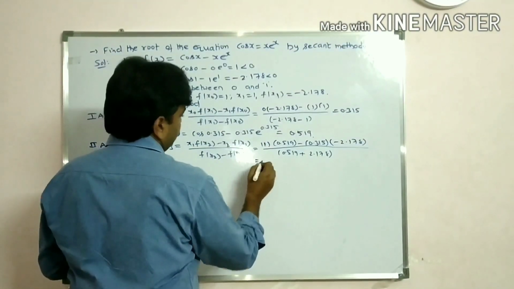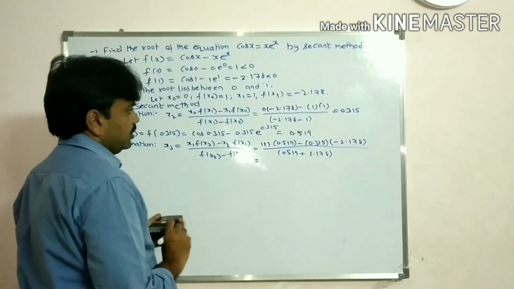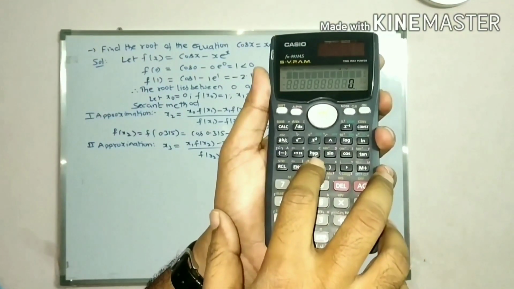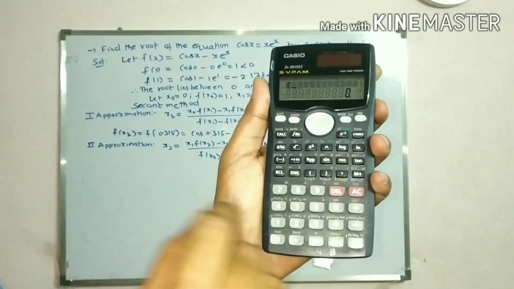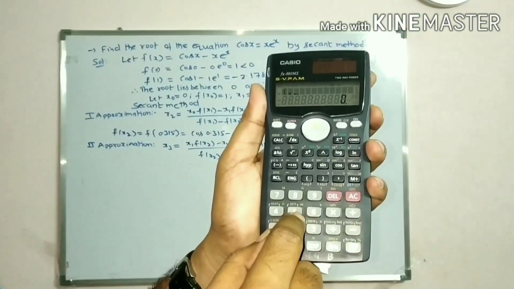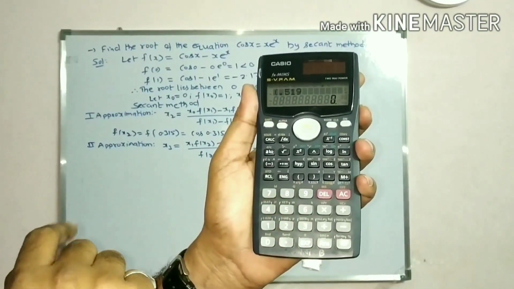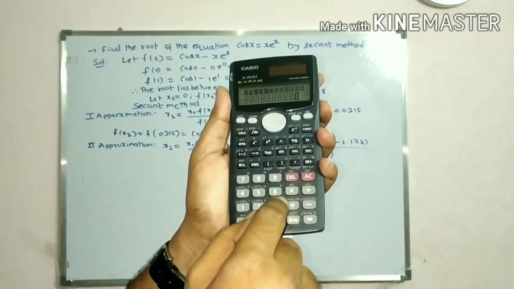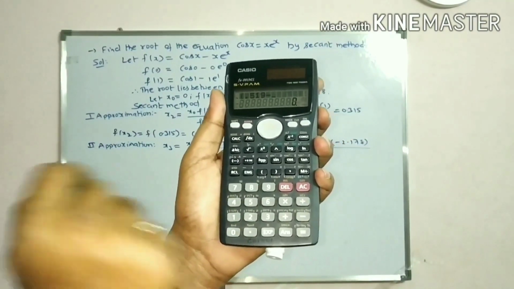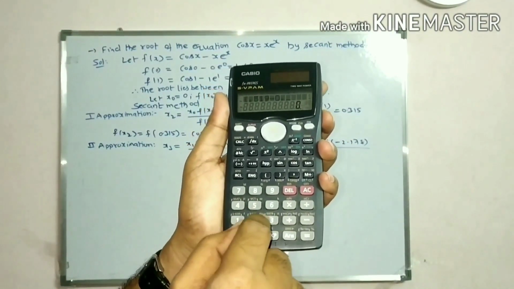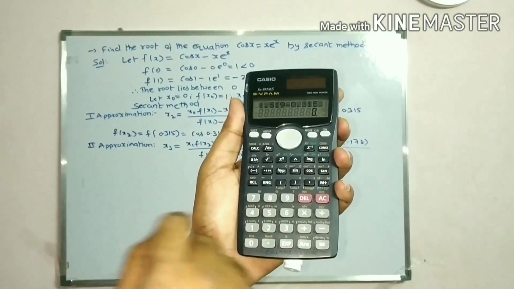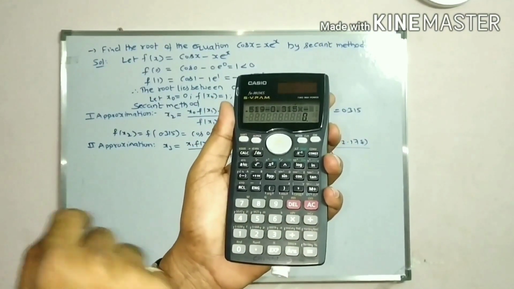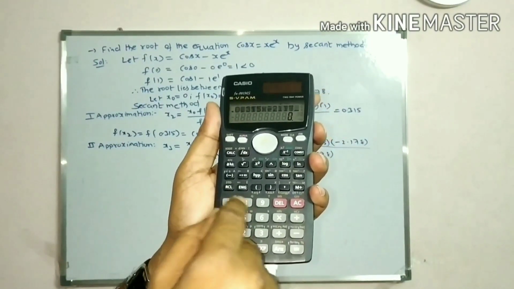So that is equal to, see students, I told you once again, 1 into, so we can write first your bracket, students, 0.519 minus, then we have 0.315 into minus 2.178.